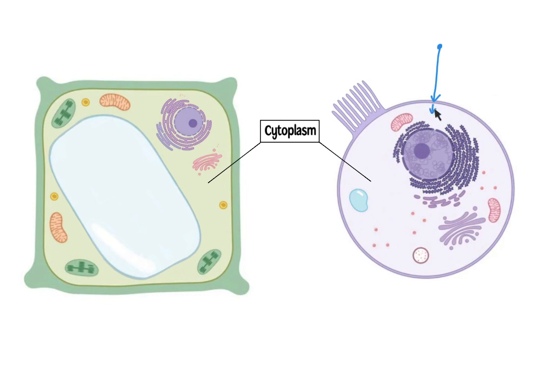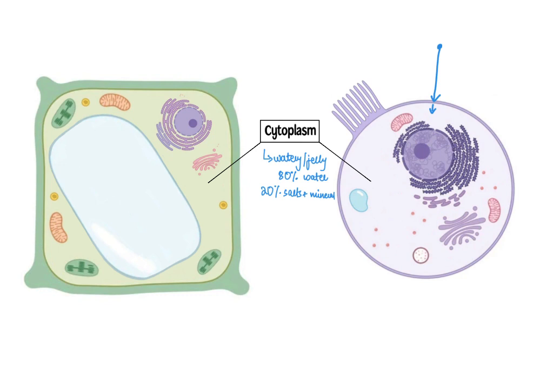Now, the first location where that substance is going to find itself within the cell is the cytoplasm. Cytoplasm is a watery or jelly-like substance that is found between the cell membrane and the nucleus of the cell. By composition, the cytoplasm or cytosol is about 80 to 90% water, and the remaining part is made up of a combination of different kinds of salts and minerals.